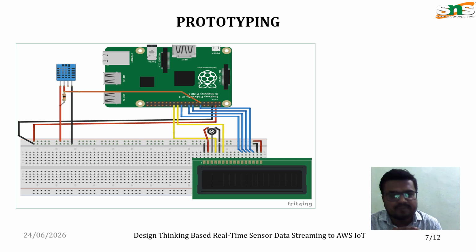Next is prototyping. It is implemented based on the Arduino board and connections, and a display must be there so that we can check the process and the solution for the connected data.